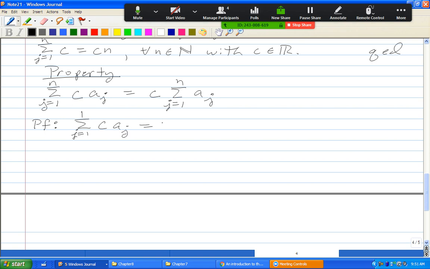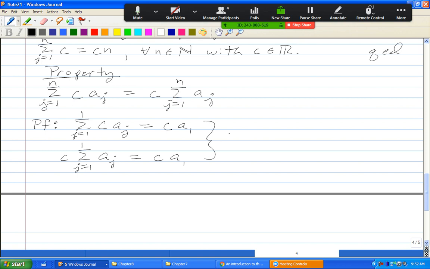Well, when n equals 1, this is just C a1. Also, C times the sum from j equals 1 to 1 of a sub j is equal to just C a1.